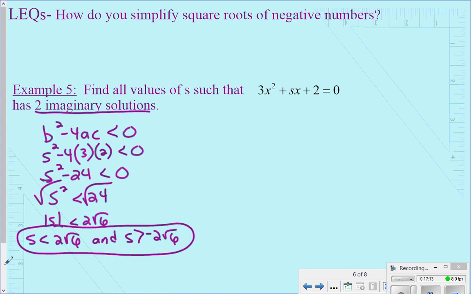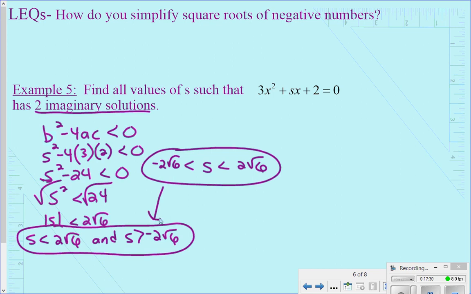Or remember, when it's an and, you can put the variable in the middle, with the smaller number on the left and the larger number on the right. And that is another way of writing the two separate inequalities. Okay, so either is fine. They both read the same way. They both represent the same values for s.